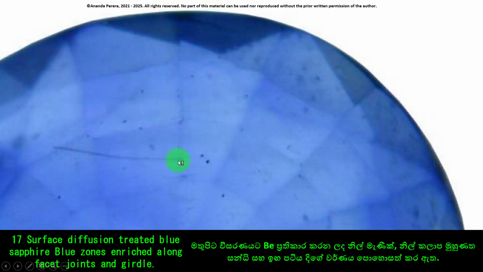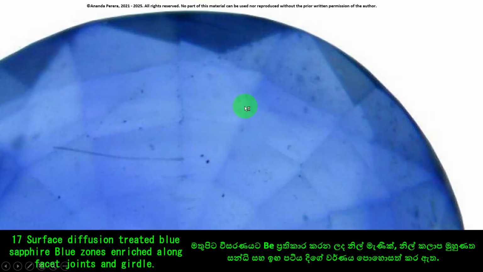See, in this gem, a surface diffusion treated blue sapphire, you can see the blue zones enriched along facet joints and the girdle. Color is enriched there. So this is beryllium treatment. It spreads only in the surface.